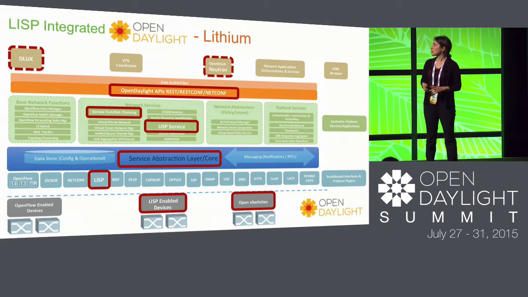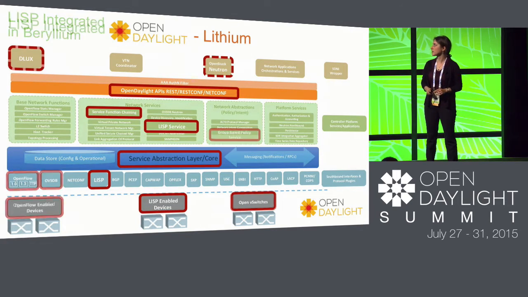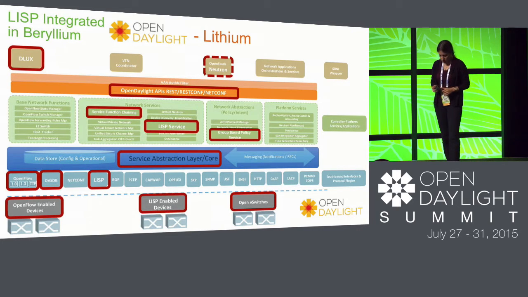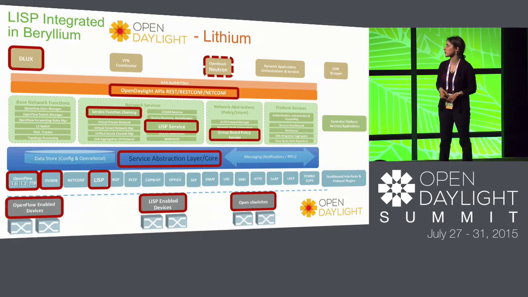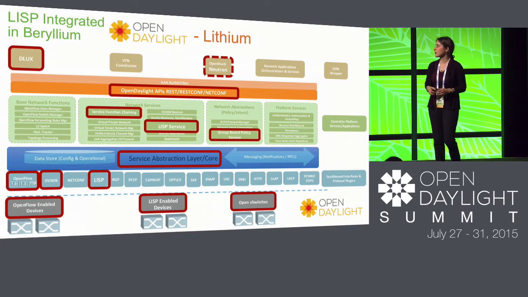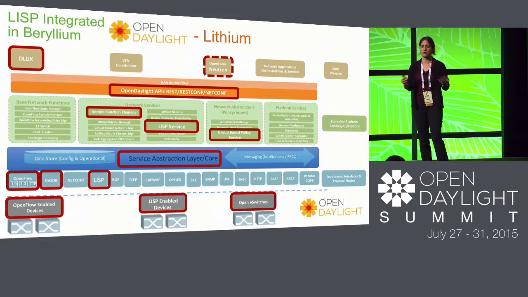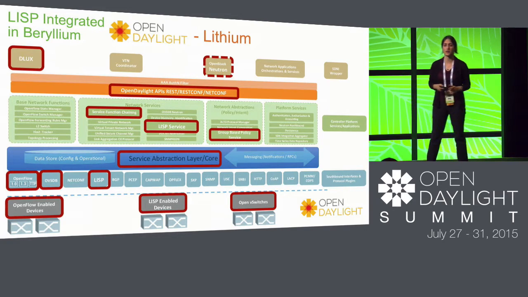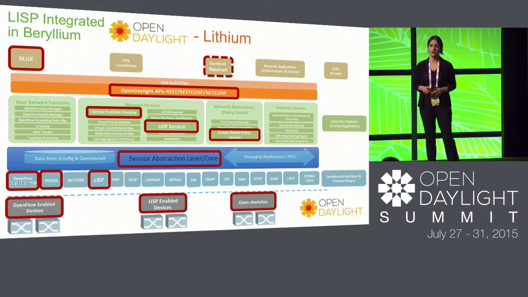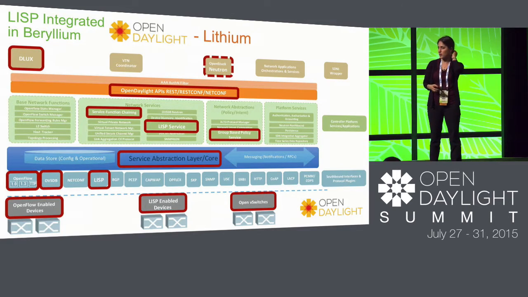The other thing is the Neutron support, which I kind of covered. And in terms of where we want to go for the next releases, one of the main things we want to do, as I said, is offer the LISP overlay services to other OpenDaylight services. We started with SFC, and we're looking at improving that by supporting NSH as well, because this is just a LISP overlay chain.